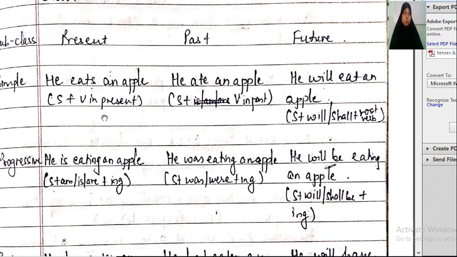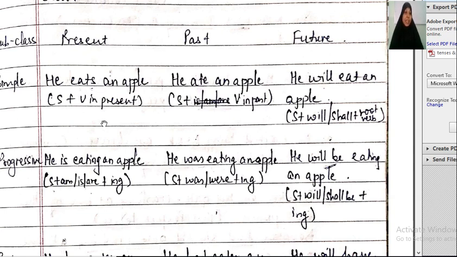It is also used to express universal truth, like honesty is the best policy, water boils at 100 degrees Celsius. So when they ask you to change the sentence into simple present tense, you have to keep the structure in mind, that is subject plus verb in present, and to that verb you have to just add s.